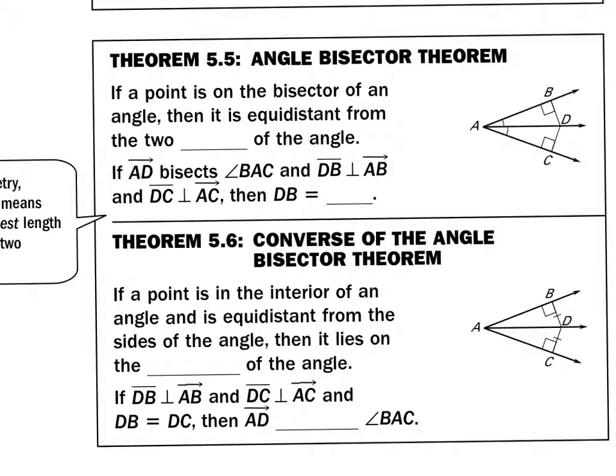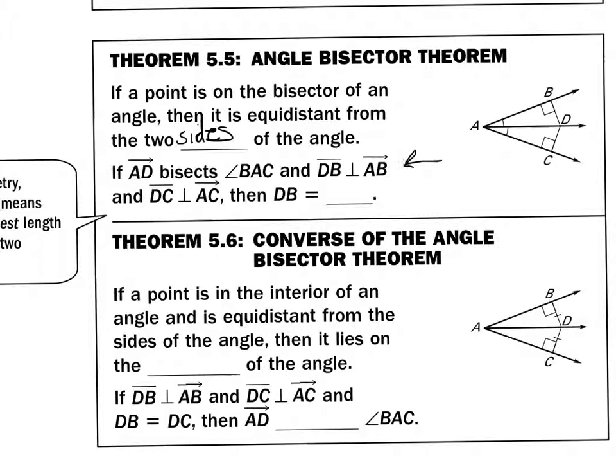Theorem 5.5. If a point is on the bisector of an angle, then it is equidistant from the two sides of the angle. If AD bisects angle BAC and DB is perpendicular to AB, and why perpendicular?